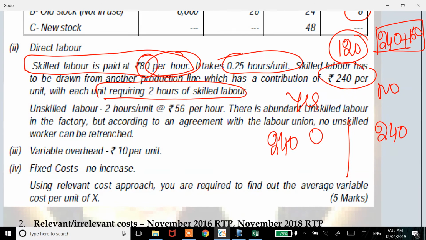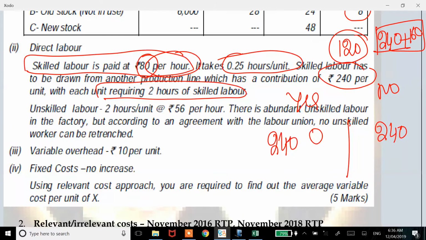So 240 plus 160, 400 rupees is the relevant cost for 2 hours of labor. 240 is what you earn at a per unit level. Apart from that 240, 2 hours of labor will take 160.